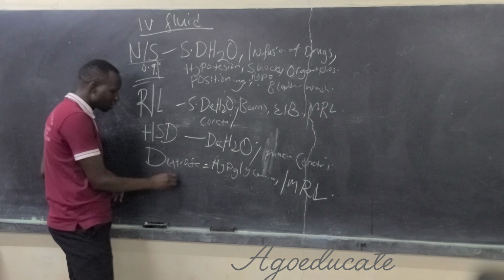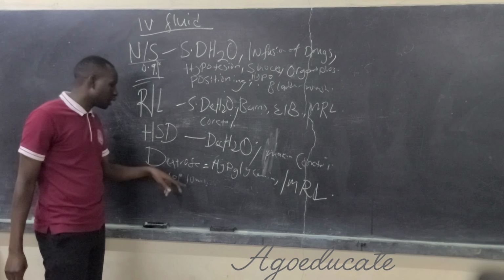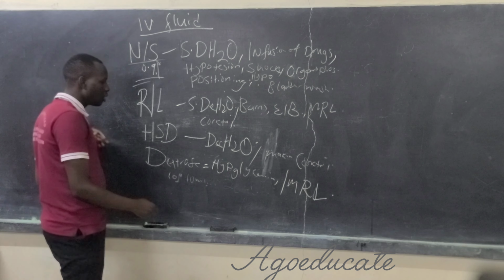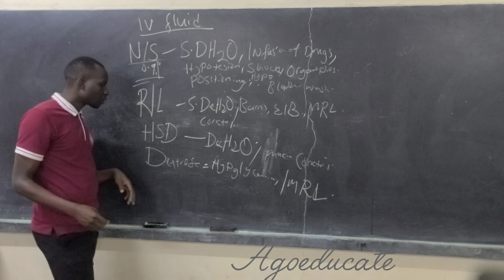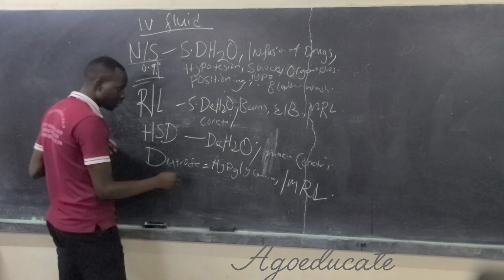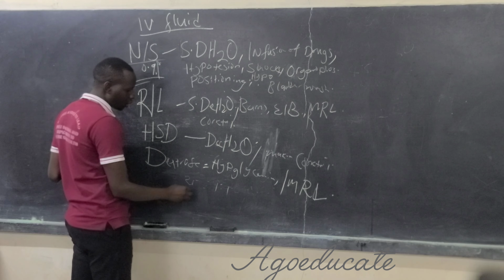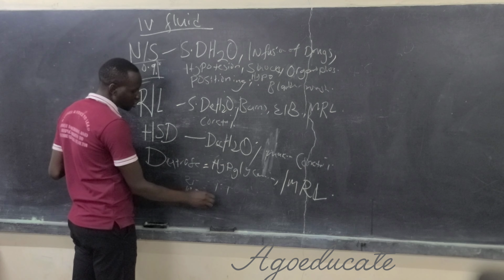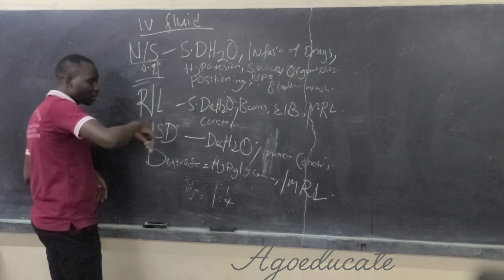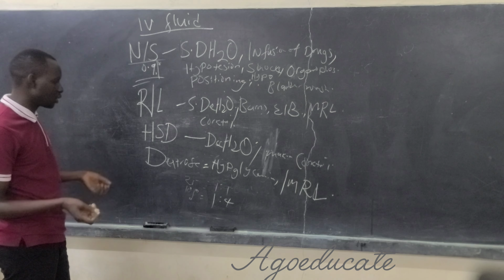To make 10 mL of 10%, you aspirate dextrose 50%, 1 mL, and then normal saline 4 mL. So it can also be used for making modified Ringer's lactate, 25% in the ratio of 1 to 1, and 10% in the ratio of 1 to 4, depending on what the doctor has prescribed.